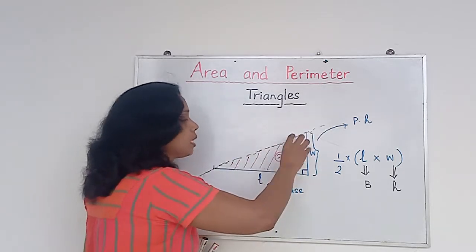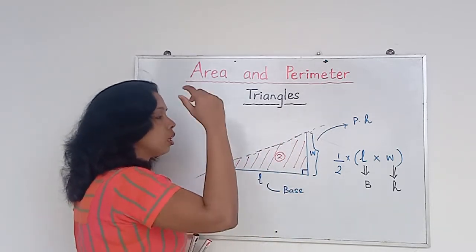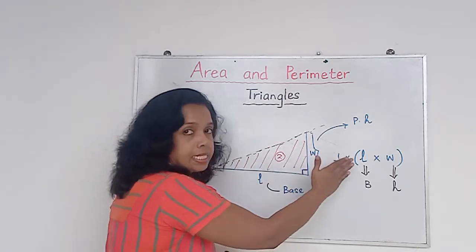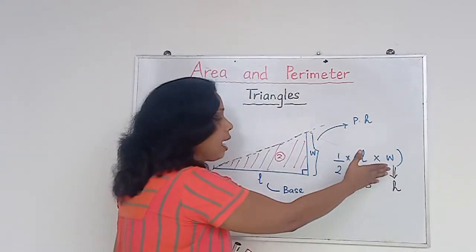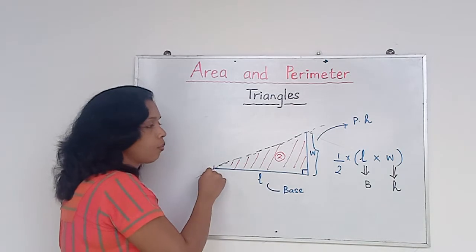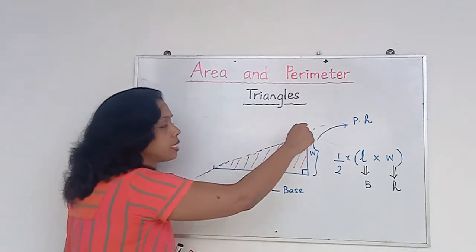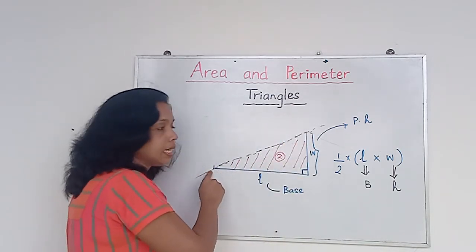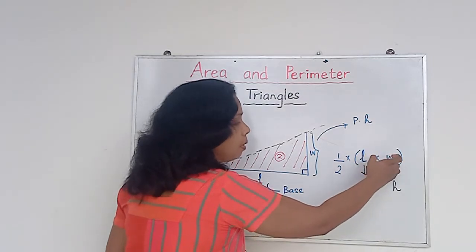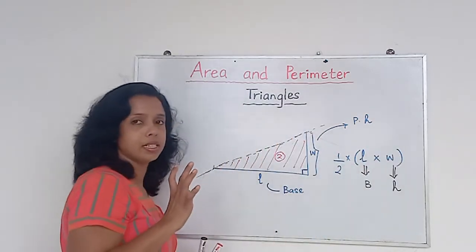If so, what is the remaining part now? The whole area is L times W, right? And exactly half, that means the area of this triangle is half of L times W, right?